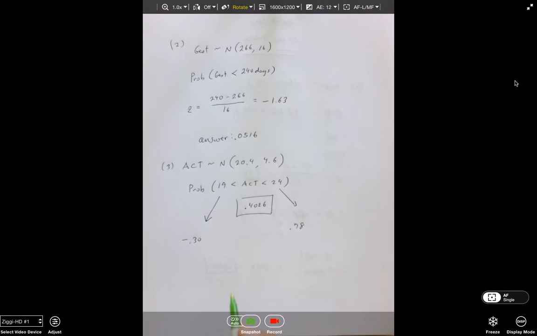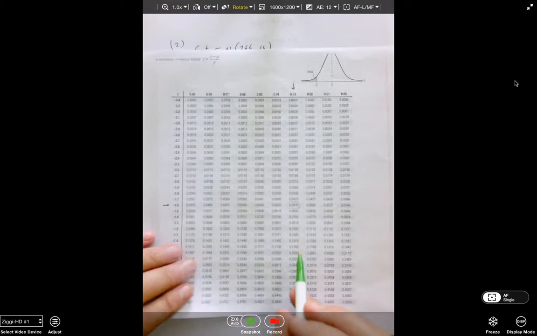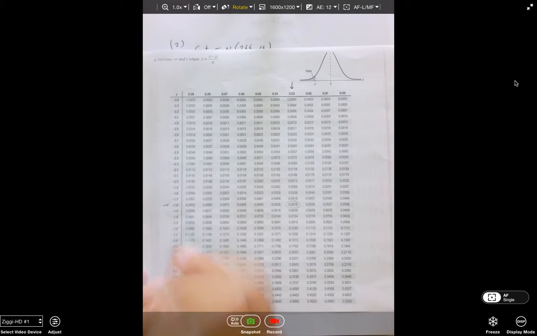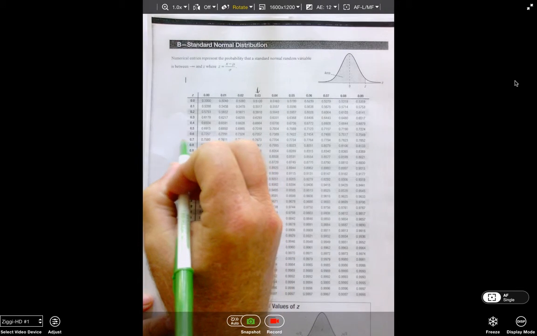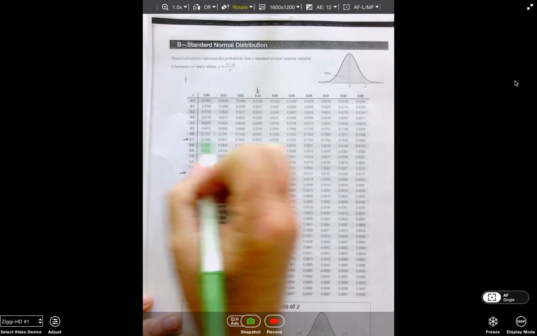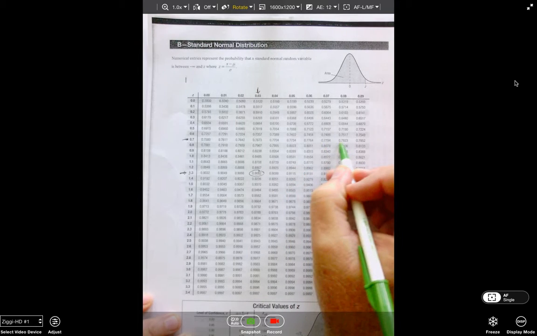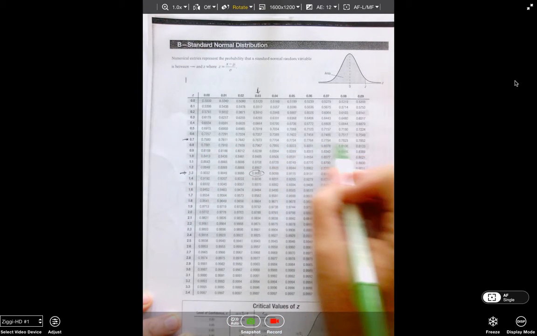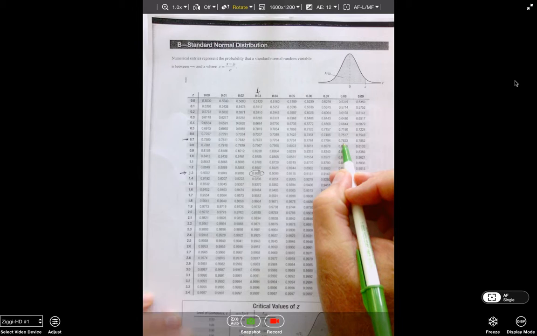I've got to use this table to find both values. So 0.78, let me get over here on the right side. 0.78 will be 0.7. We come all the way here to 8. Hope I get this right. So I have 0.7823.